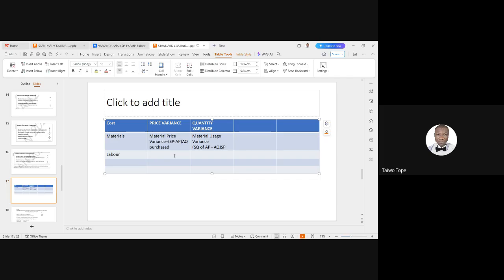And we look at labor rate variance. What will be the possible formula, considering the fact that we are comparing standard and actual? So labor rate variance will be what? Let me try.